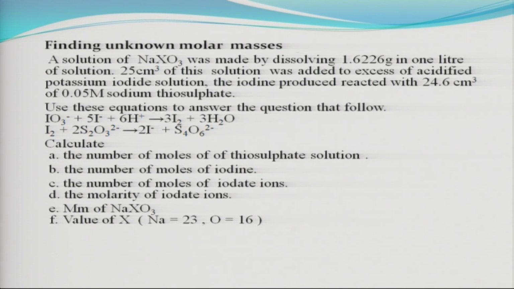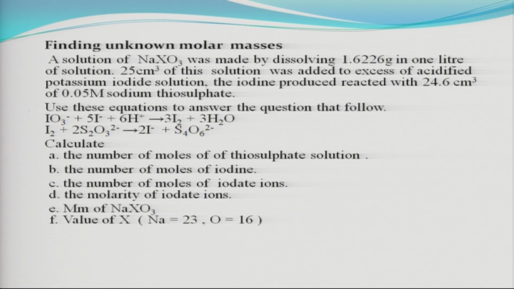Then 25 centimeters cubed of this solution was added to excess acidified potassium iodide. So the iodine produced reacted with 24.6 centimeters cubed of 0.05 sodium thiosulfate.